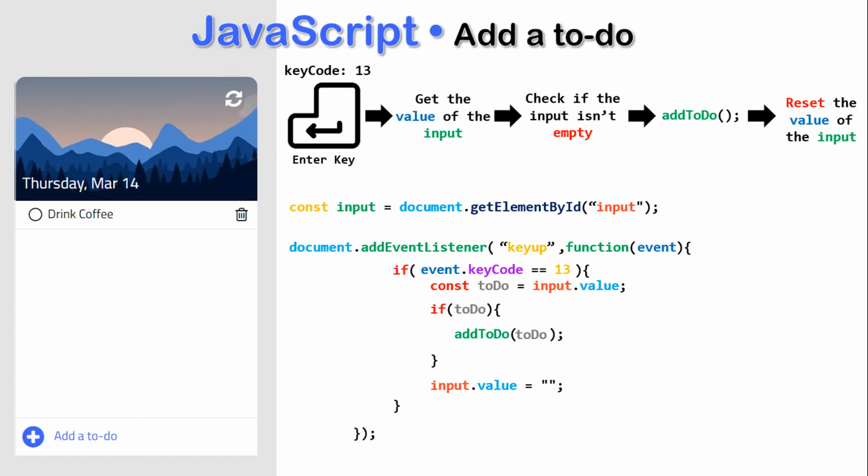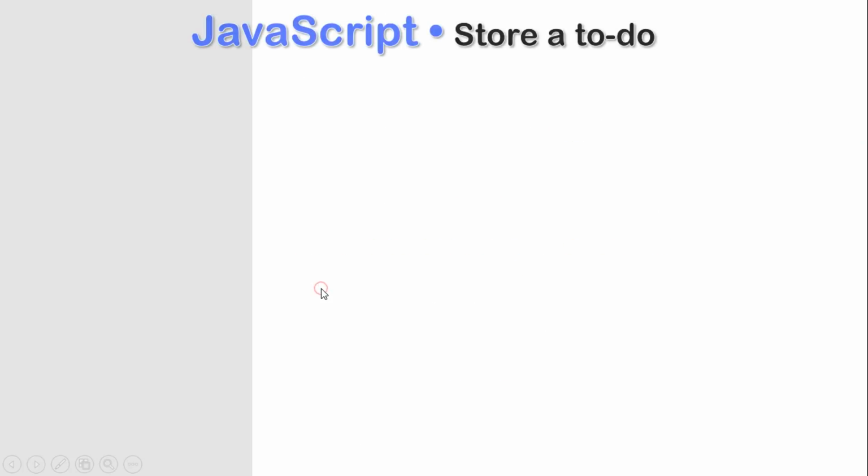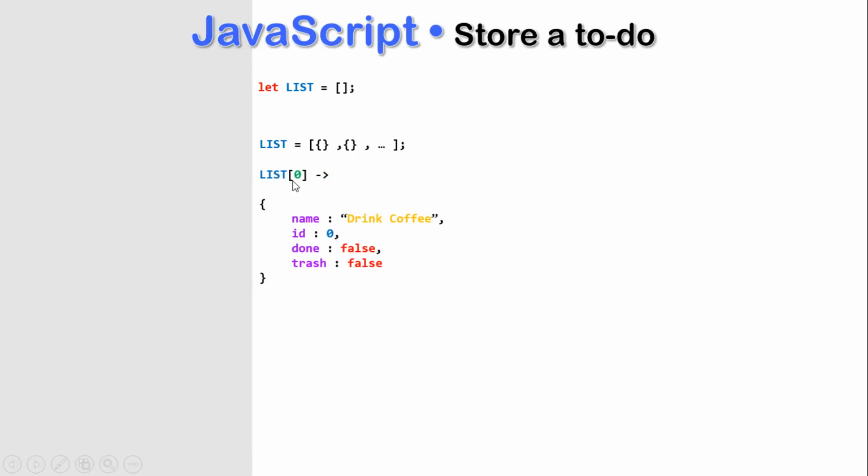The problem here is that this code will only show this to the user interface. We also need to store a toDo. So to store a toDo, we will need to create a variable called list, which is an array which has objects inside. For example, our first item will have the ID 0.